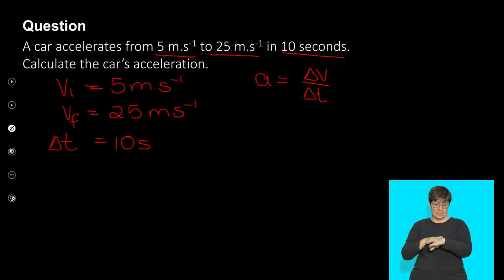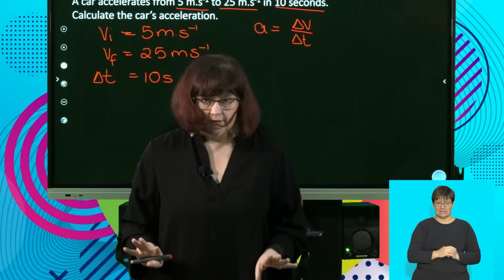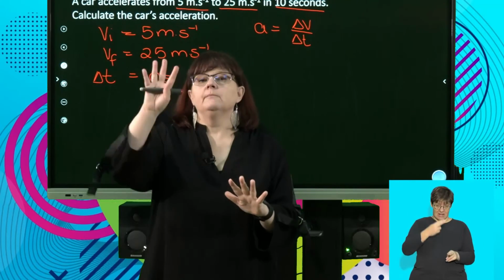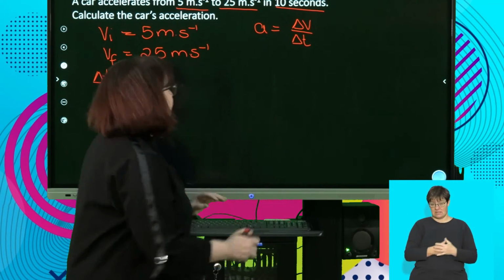Whenever we do a change in, it's always final minus initial, okay? Please don't go, it's got to be big minus small. No. In science, change in means final minus initial, okay?